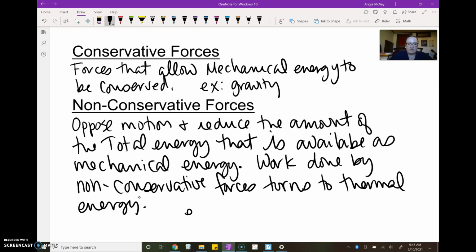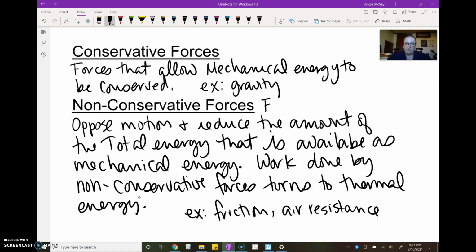Okay, and examples of forces that are non-conservative are friction or air resistance. Okay, non-conservative forces are typically called resistive forces.